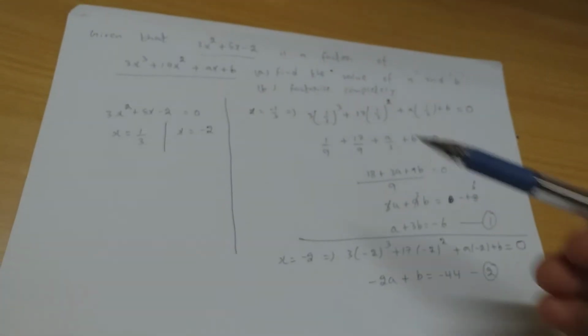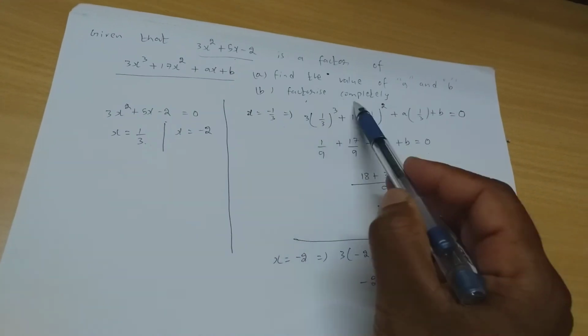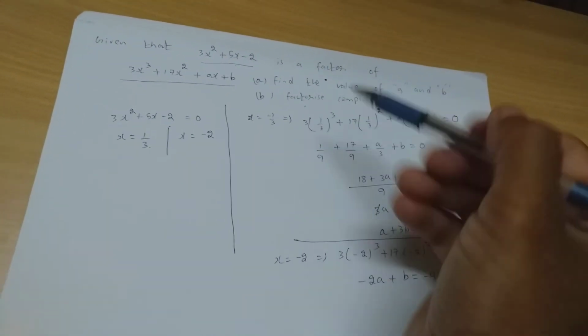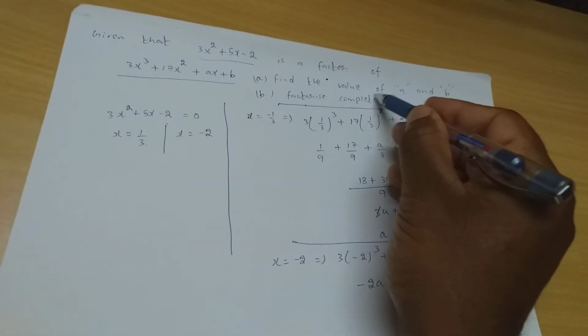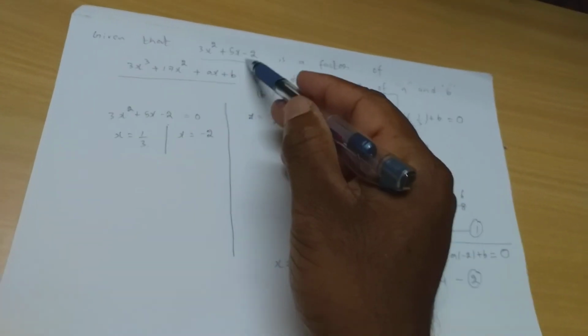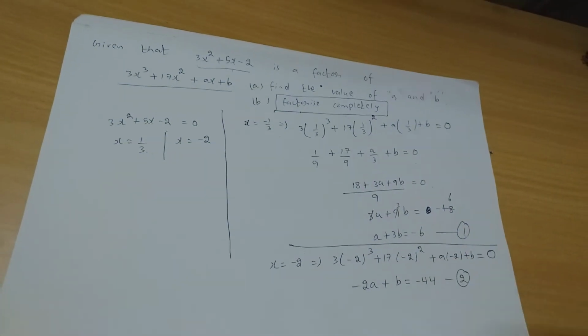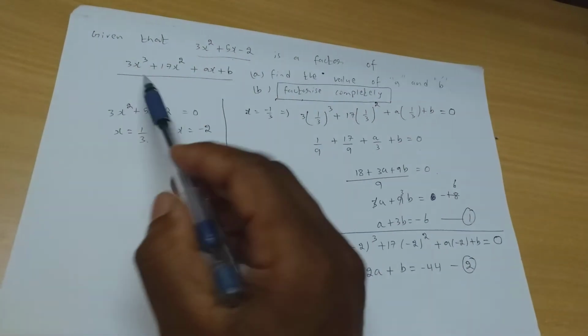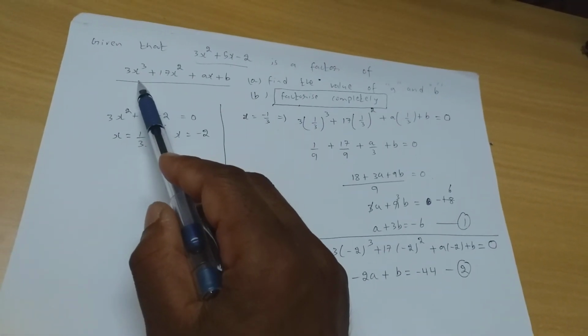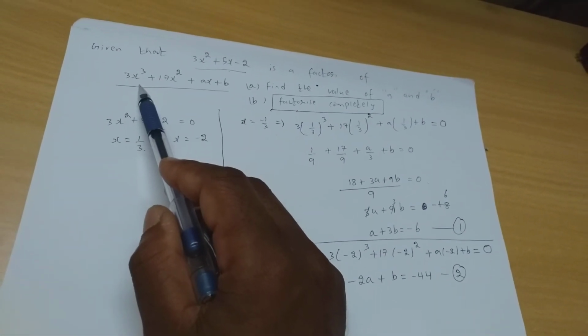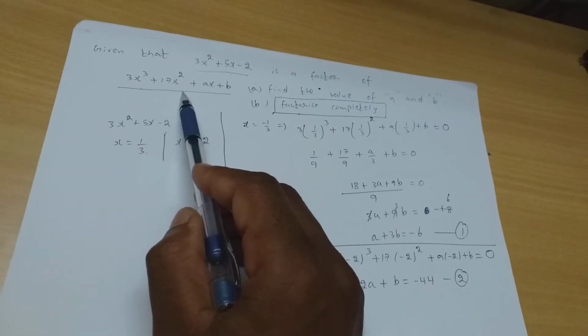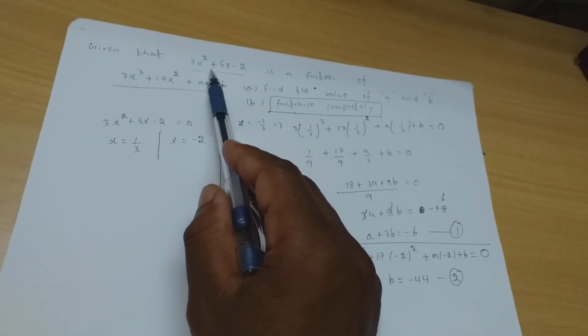Now how do you do if he also told you to factorize completely? So whenever factorize completely is mentioned, you need to divide these two. Only then you will get it. What is the power over here? 3. So how many factors will you get for this equation? 3 factors. And here 2.